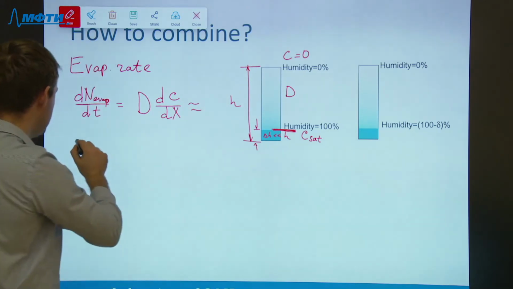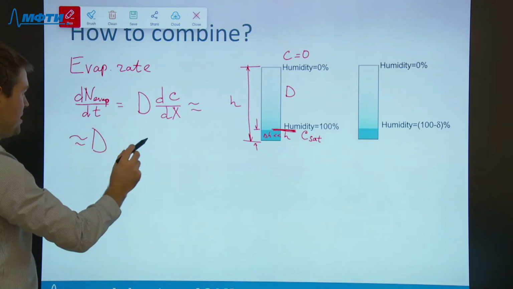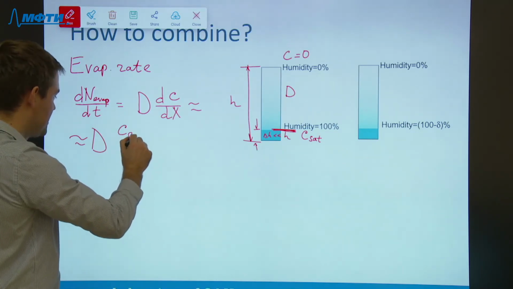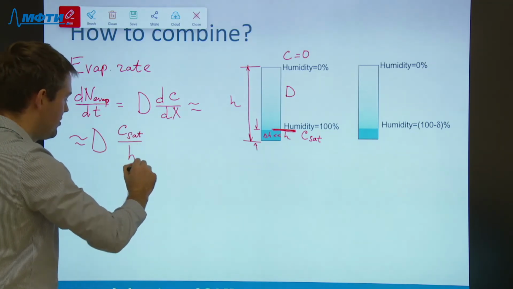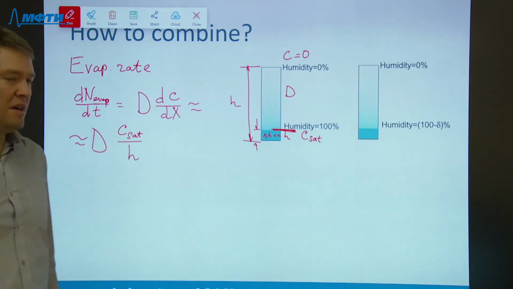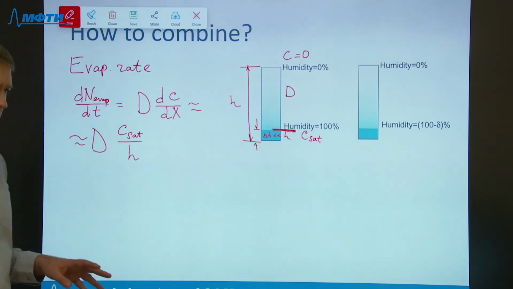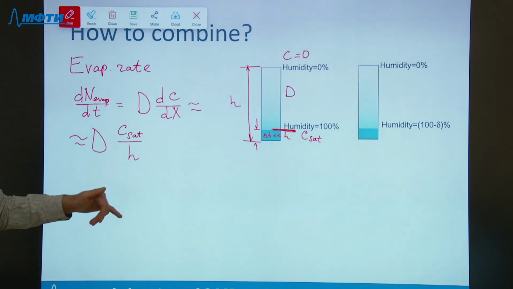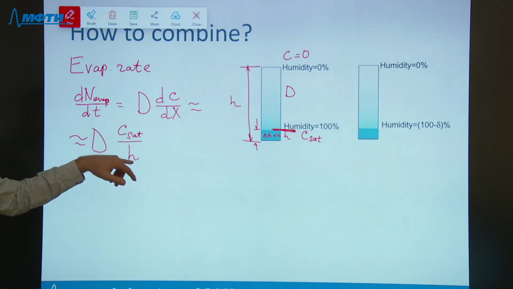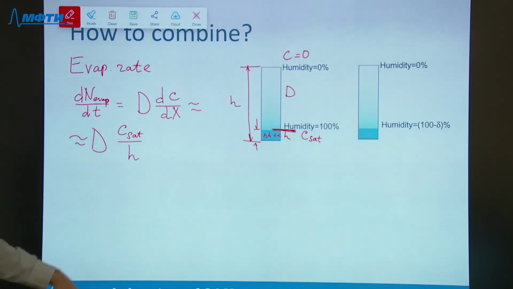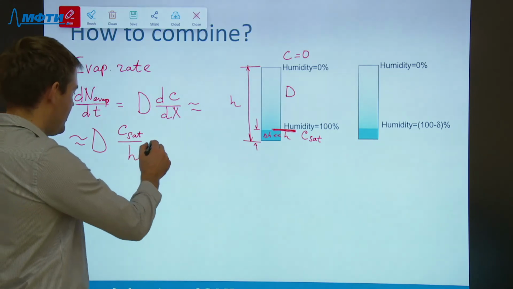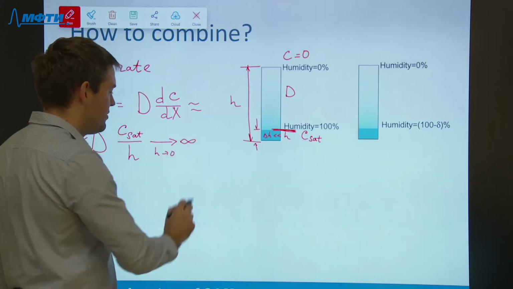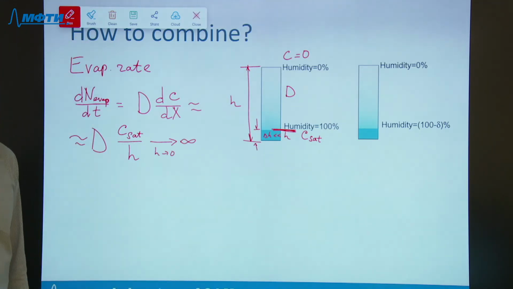So you can estimate it as the diffusivity multiplied by the density of saturated vapor divided by the height of the glass. But there is some paradox with this kind of solution. It is associated with the fact that when the height tends to 0, the evaporation rate tends to infinity. And this is very strange.